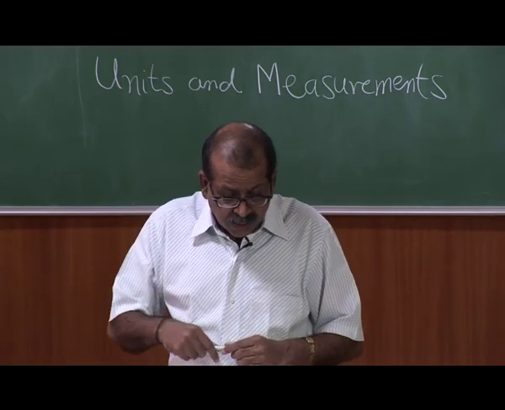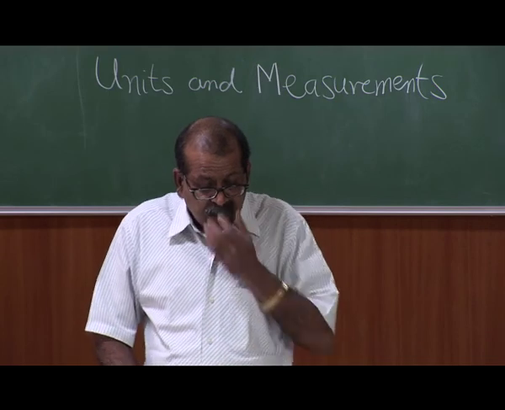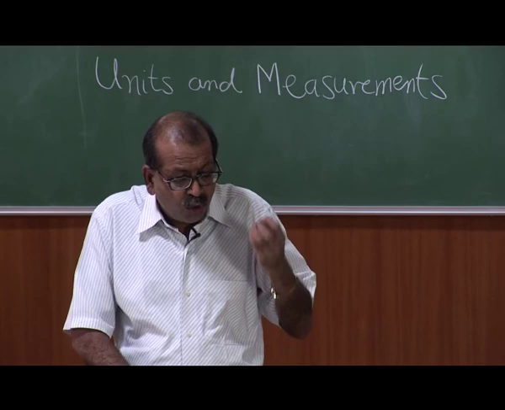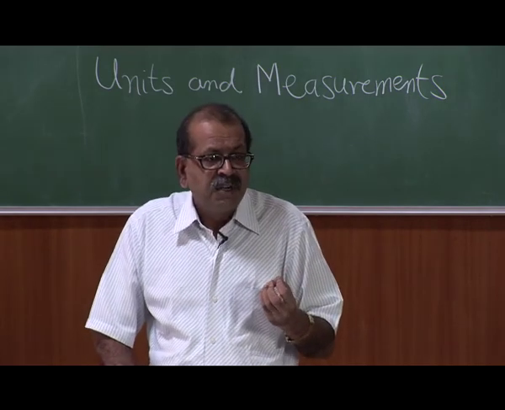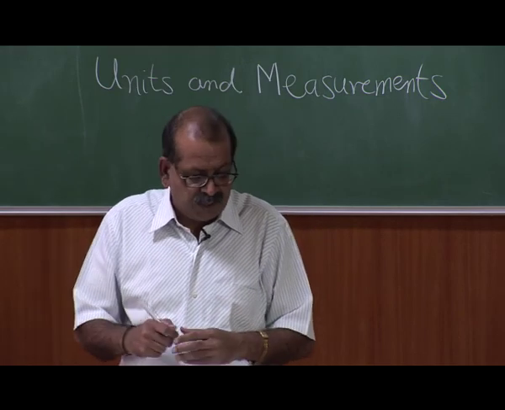Now, a large number of quantities exist in nature, but we require only a few independent quantities to measure them, and the others can be written in terms of the independent quantities.